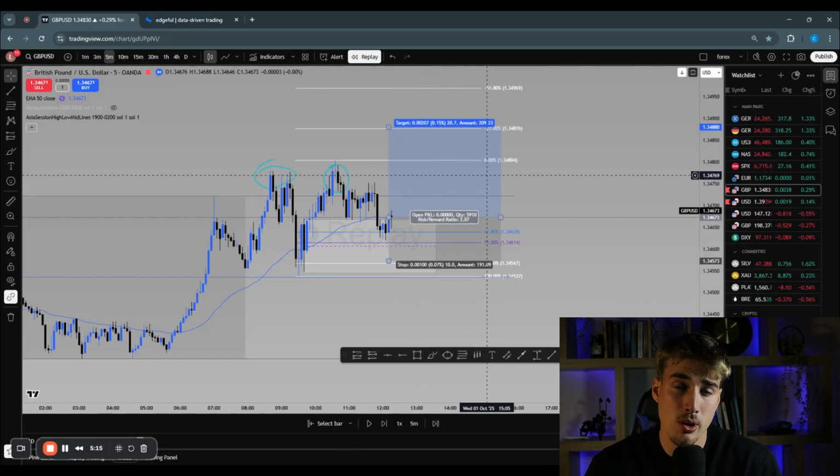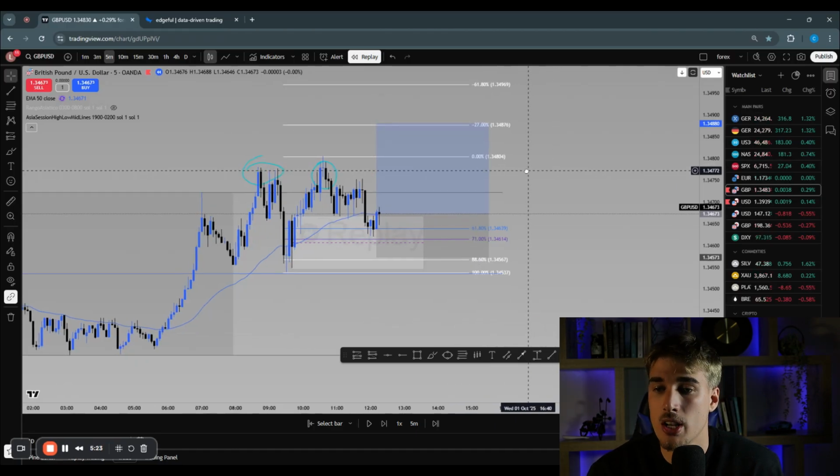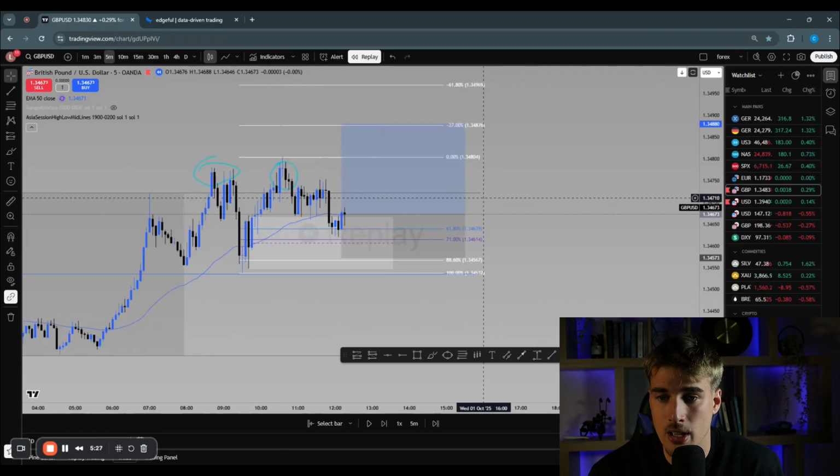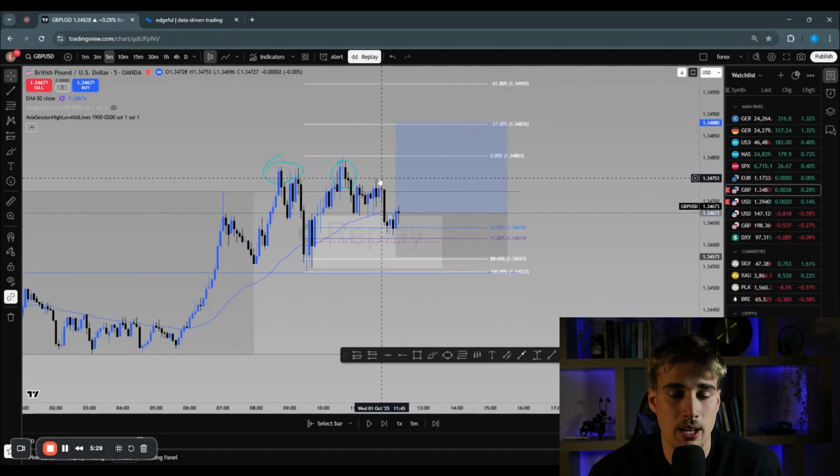Remember, we were risking 0.5% on this idea, so hitting TP would have left us at about 1%, which, to be honest, is perfectly fine as well, or 1.5%, which I'm not upset about at all.